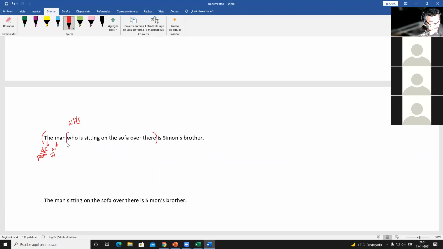We know this is a relative clause, also called adjectival clause. I don't like that name, but whatever. The man is, I think, a post-modifier because I can erase it. Who is sitting on the sofa over there?